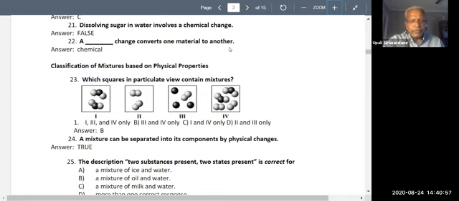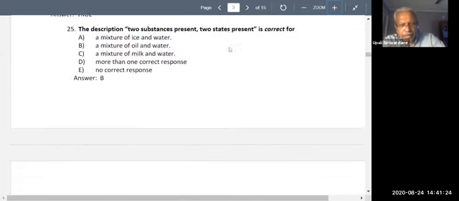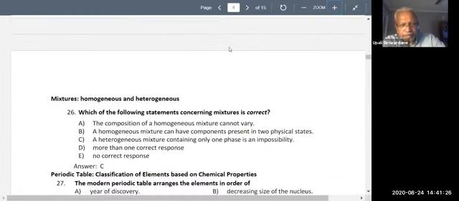So the first one and second one are only one kind of substance: the second is an element, and the first has only compounds. Answer is 3 and 4. B is 3 and 4. Now you go through this.